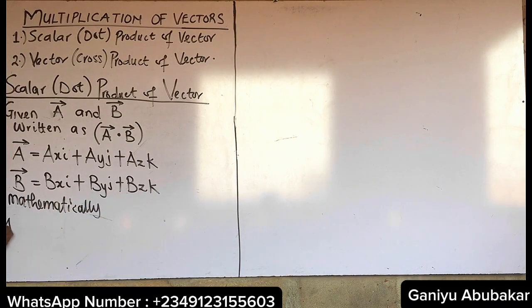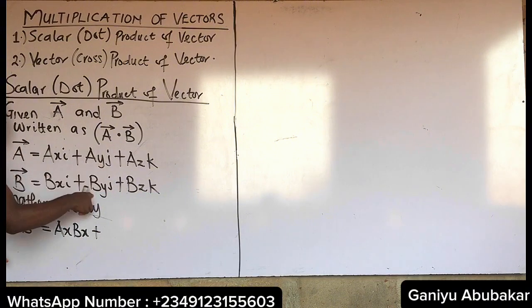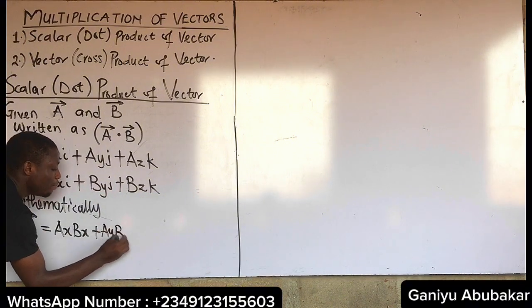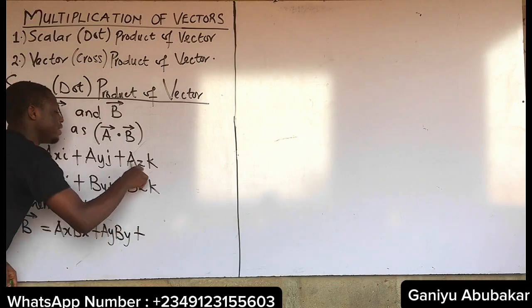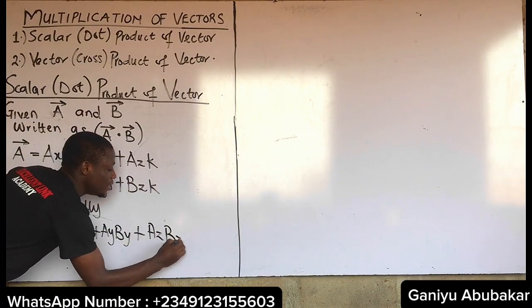Their dot product, A dot B, is equal to AX multiply BX plus AY multiply BY plus AZ multiply BZ.